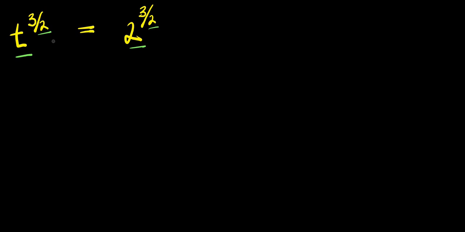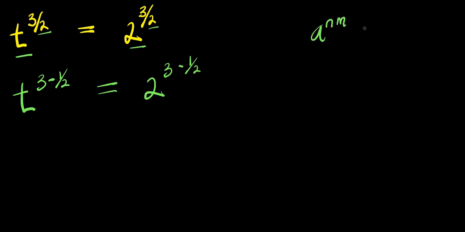I can decide to express this 3 over 2 as 3 times 1 over 2. So this is t power 3 times 1 over 2 equals 2 power 3 times 1 over 2. Now, if you have a power m times n, this equals a power n to the power of m, and this also equals a power m to the power of n.